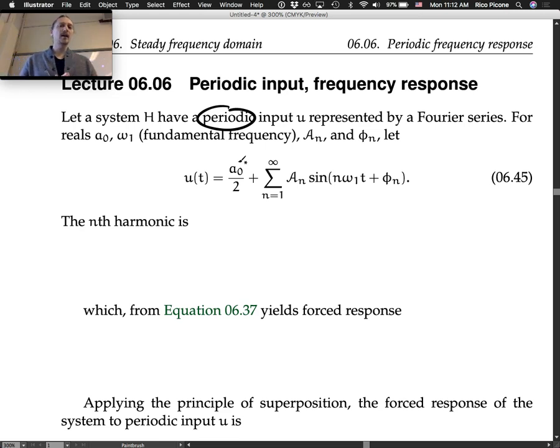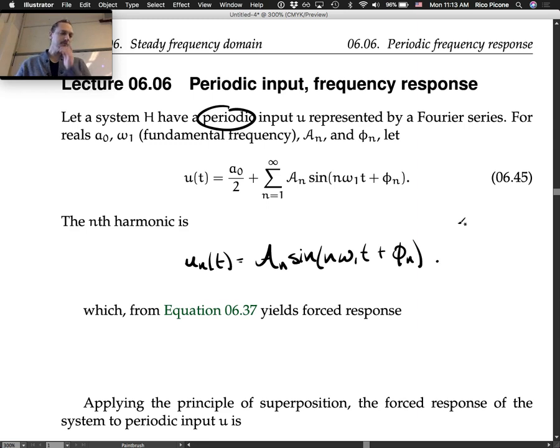The nth harmonic of this input, of course, is un of t equals, so we just take out one term, script A sub n sine of n omega 1 t plus phi n. So this is one of the terms from this Fourier series.